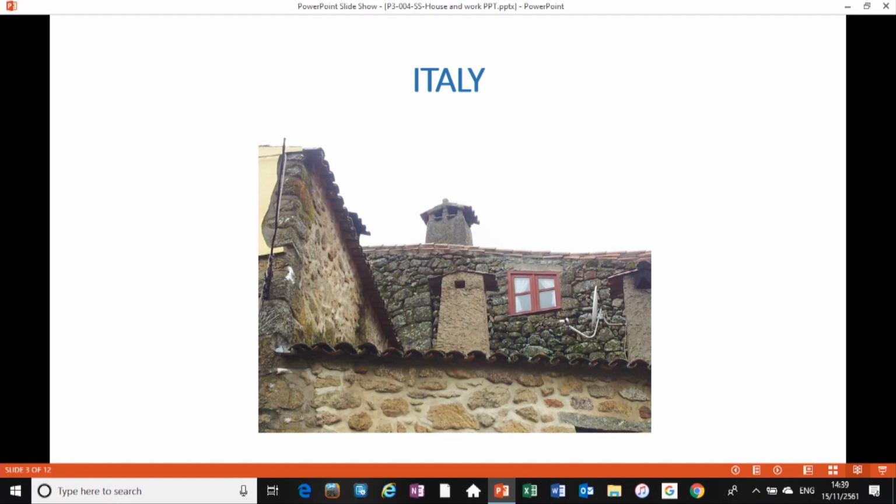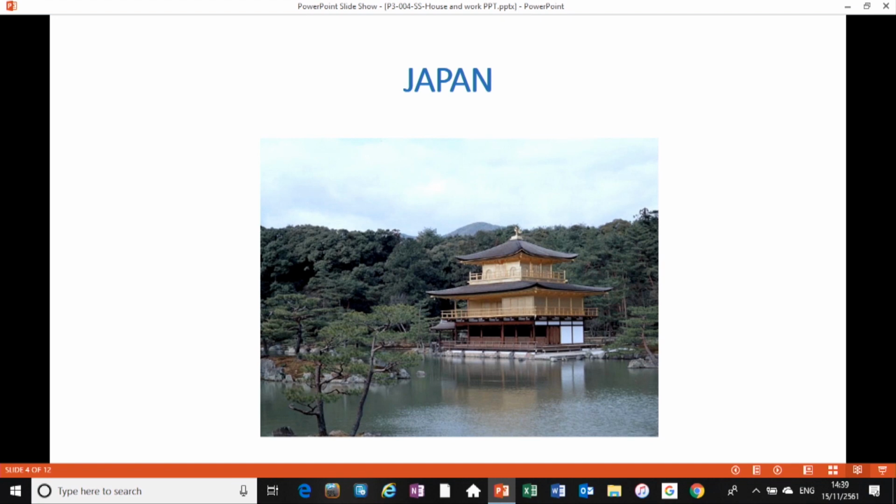And the next one we have, Japan. This is the type of houses they have in Japan. Can you see the roof, the way it's curved? Japan. Not China, Japan, but close.